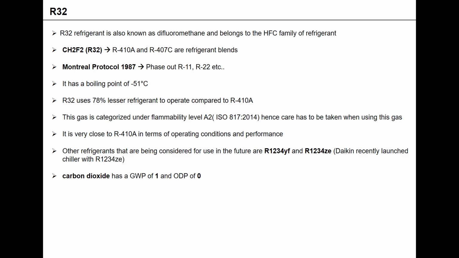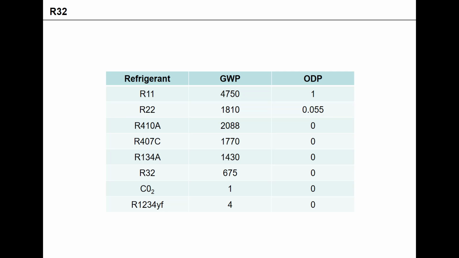Again, there is a natural refrigerant that is easily available, that is carbon dioxide, which has a global warming potential of 1 and ozone depletion of 0. But developing a system is a little difficult. Currently, research is going on in various universities on how efficiently an air conditioner can be built with carbon dioxide, CO2.